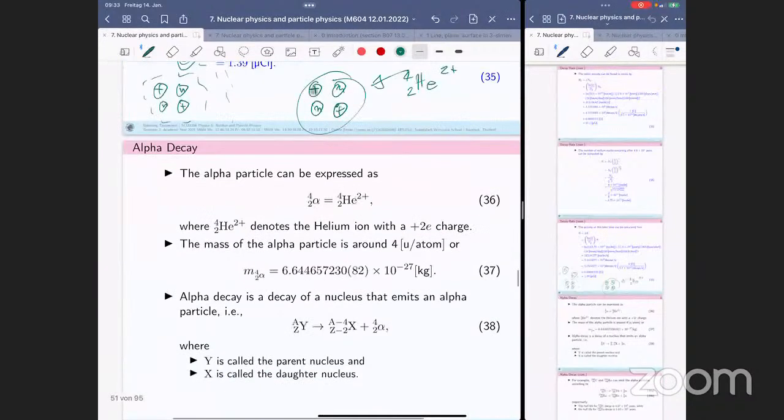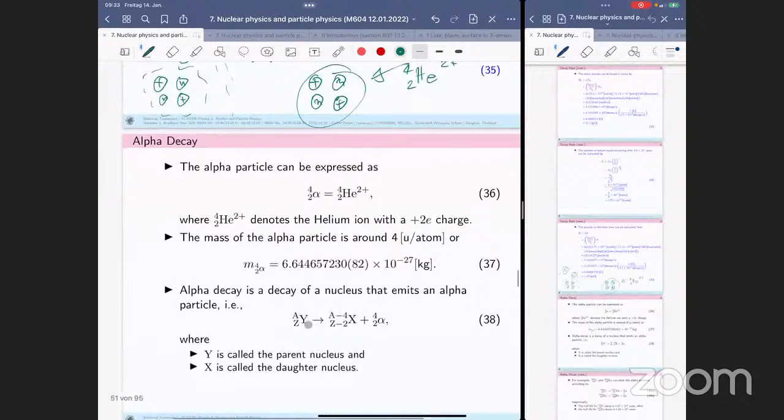So the atomic number is reduced by 2 in this process, because 2 protons have been reserved for the alpha particle, and 4 nucleons have been reserved for the alpha nucleus. That's the whole process for general alpha decay.